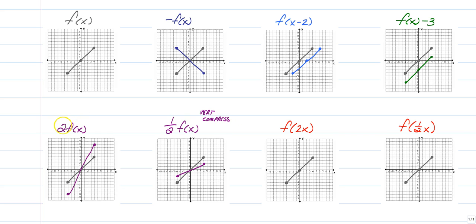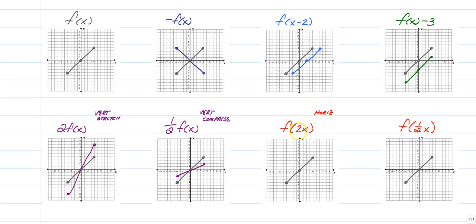But if the number in front is a number bigger than 1, or it could be a fraction bigger than 1, like 5/2, that is a vertical stretch. Okay? Now, we're going to jump to the next two examples, which you can see have the multiplier on the inside. Now, that means that when we are going to do this horizontally, we have to think opposite since it's inside.